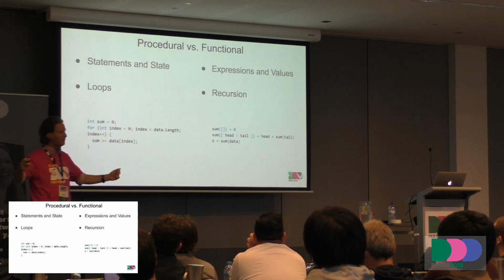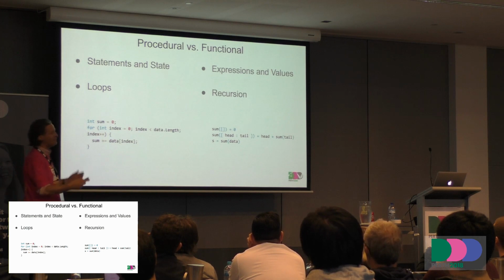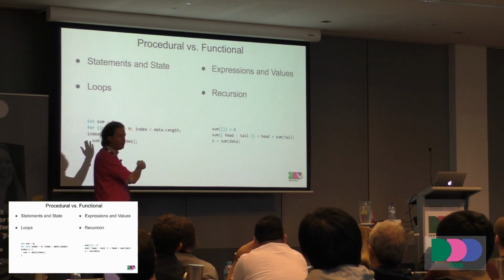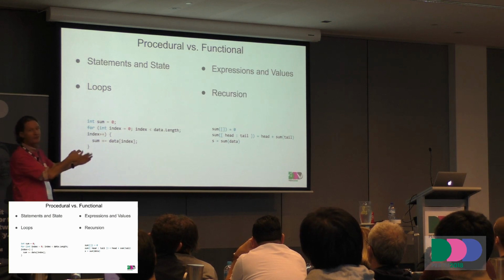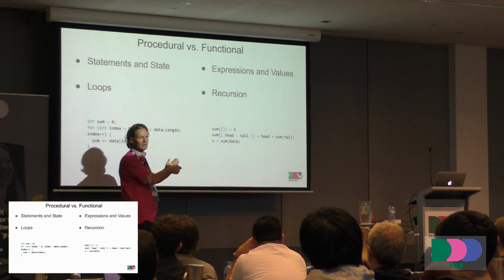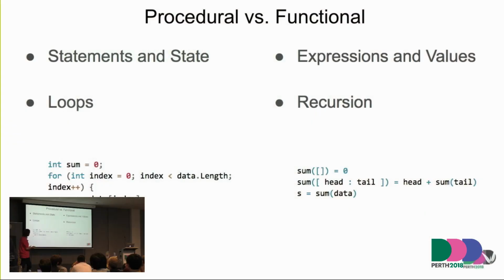And when you call those functions, they evaluate expressions and other function calls. So it's all about expressions and values. And they focus more on recursion rather than loops and so forth. So when you teach procedural programming, you start off with for loops, and recursion's an advanced topic. When you teach functional programming, you start off with recursion, and for loops are an advanced topic. So a different paradigm, a different approach to programming.